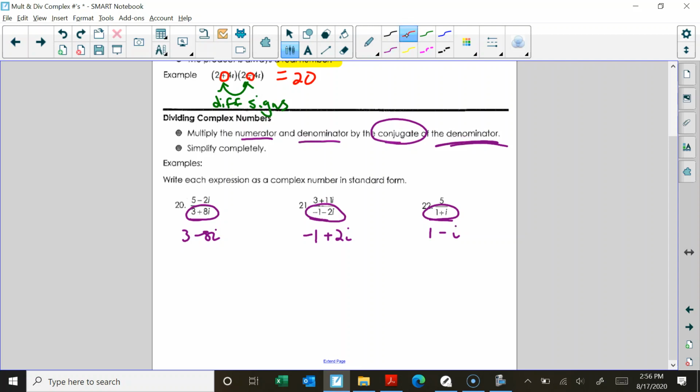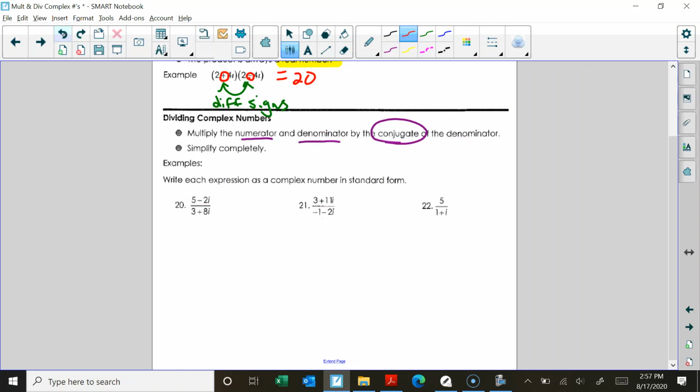And the difference is you have different signs: negative, positive, positive, negative. Okay? So we have to be able to create the conjugates for each denominator. Now, with all that done, we'll go back and do the multiplication and division for each problem.